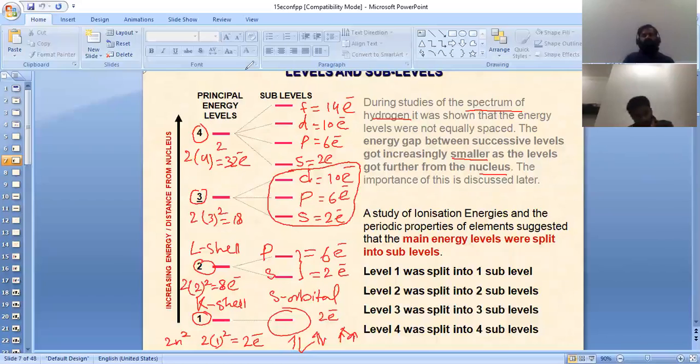Then in the p there will be 1 electron. The s orbital will be fully occupied, but in p there will be only 1 electron. So we will say the p shell is in the filling process, right?